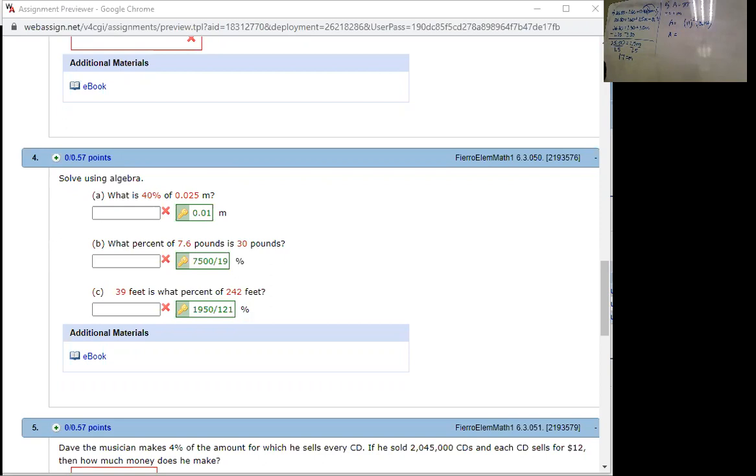Okay, so if I do 11 squared, which is 11 times 11, that'd be 121 times 3.14.